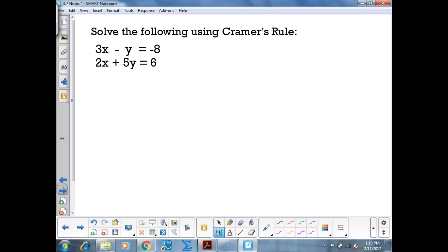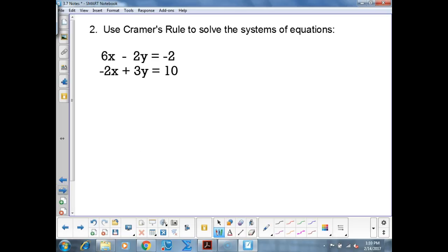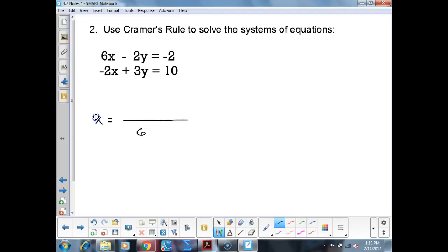Okay, so let's do one. Solve that using Cramer's rule. So to solve for x, first I'm going to do the coefficients in order.